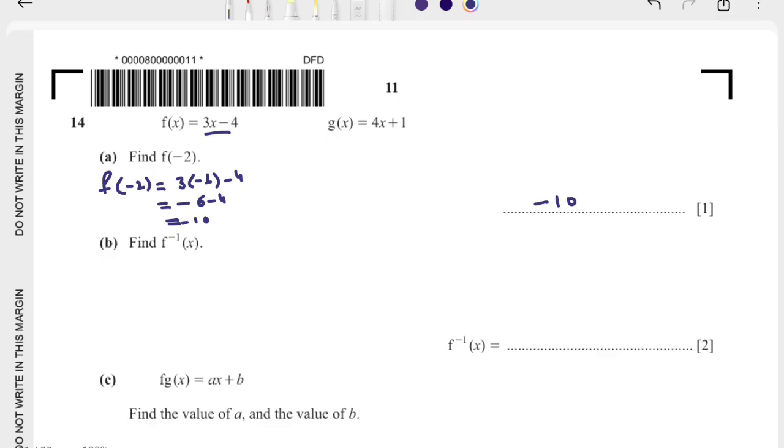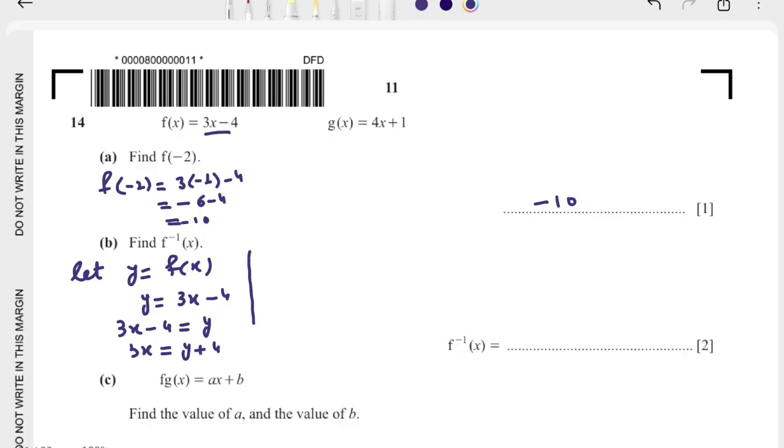Now find the inverse of f of x. Let us suppose a dummy variable, that is y is equal to f of x. So y is equal to 3x minus 4. We are going to make x the subject, so 3x minus 4 is equal to y. 3x is equal to y plus 4.